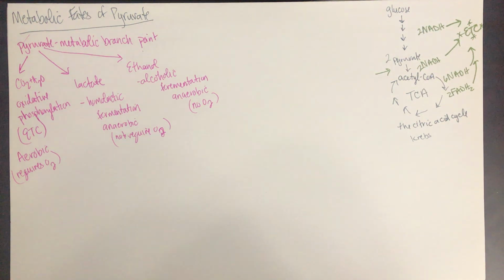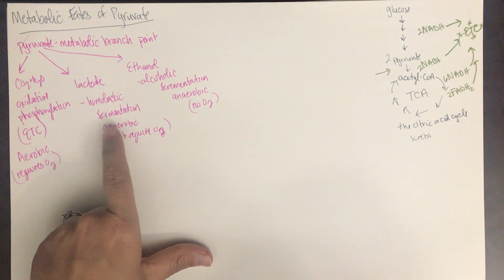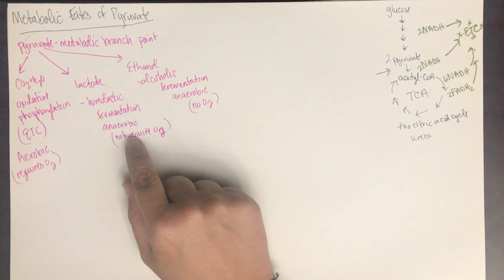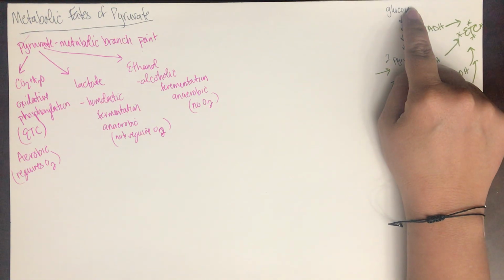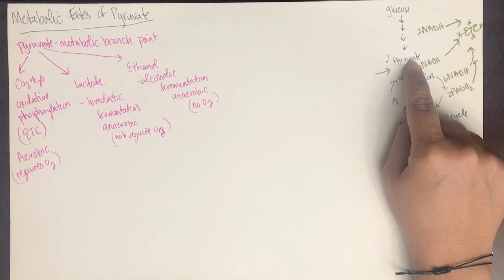So lactic acid fermentation, for example, happens when there's no or low oxygen around. It's anaerobic. So you hear a lot about lactic acid buildup in your muscles when you're exercising. And what's happening is if you're exercising and you're using glucose to try to make energy, you're breaking down this sugar, you've made the pyruvate, but now you're out of oxygen.